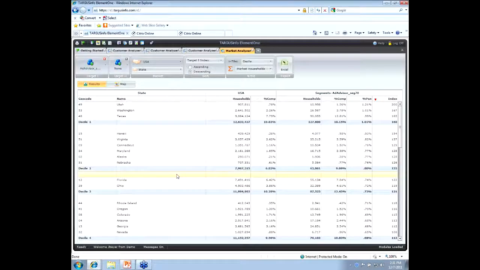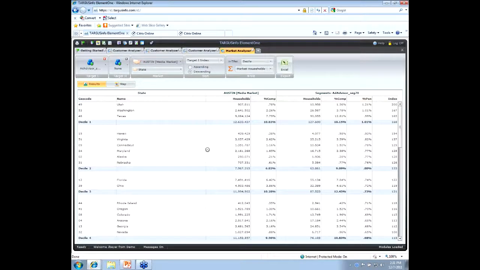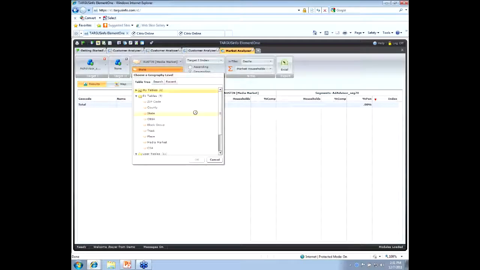And I want to know where segment 78s are, what parts of the country, and specifically, I operate, for example, in the Texas market, and so I want to look at where segment 78s are in Austin, Texas. And I want to do that all the way down to the zip code level.